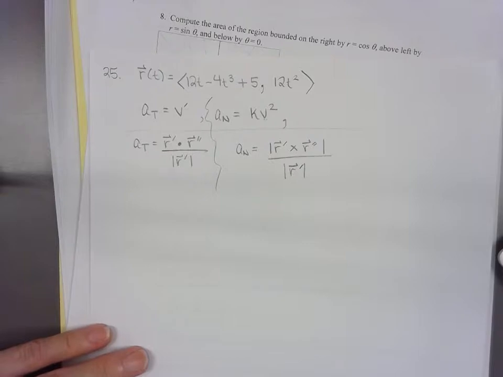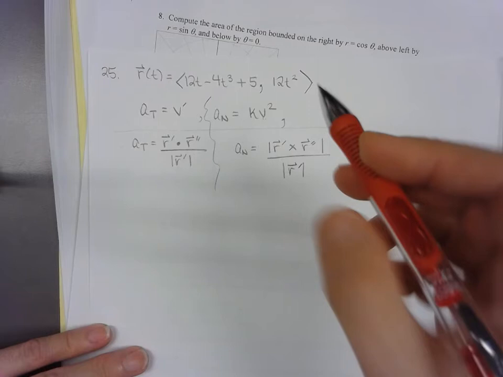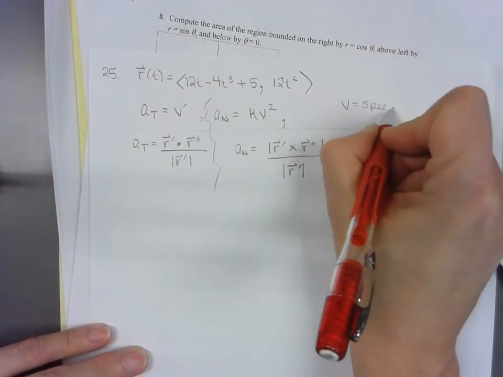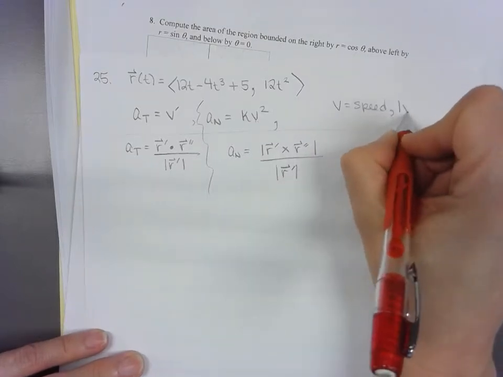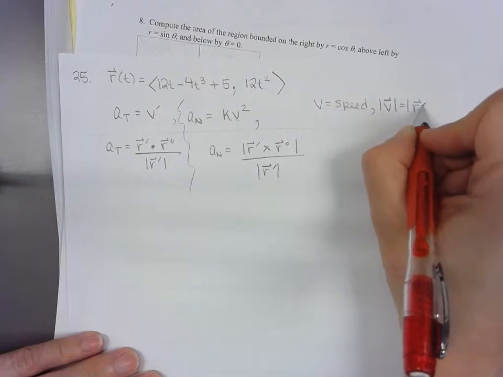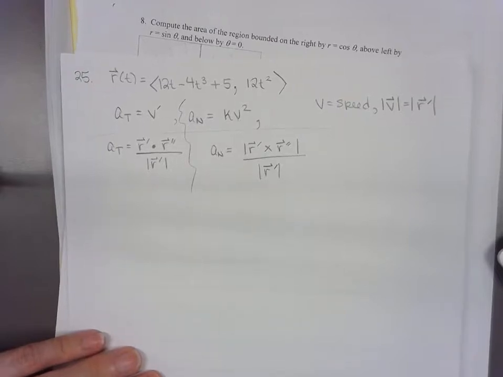And if we're talking about r as the position function, r prime gives us the derivative of position, velocity, right? This v is speed. V without the arrow is speed, which is the magnitude of velocity, but velocity is r prime. So regardless of which formula we use, we at the very least have to find r prime.